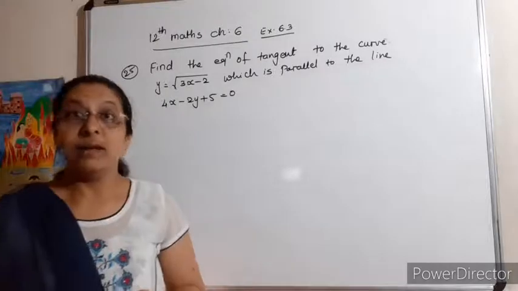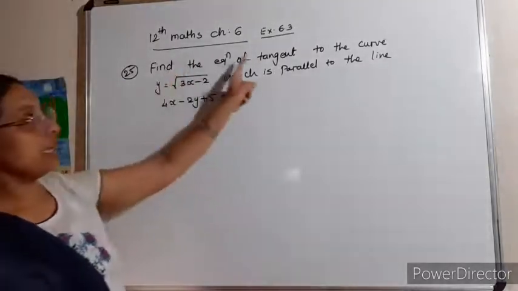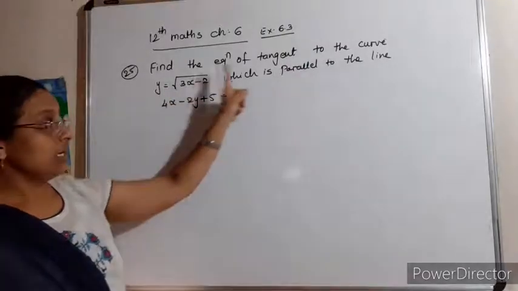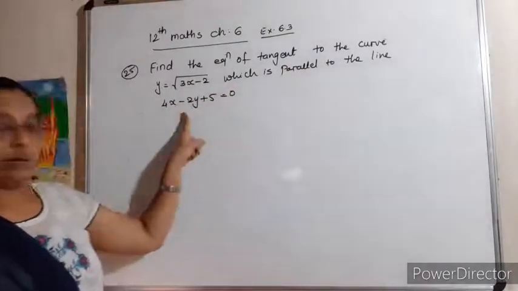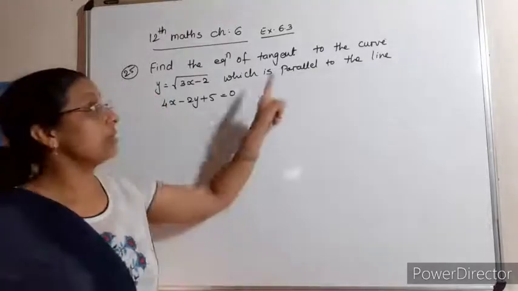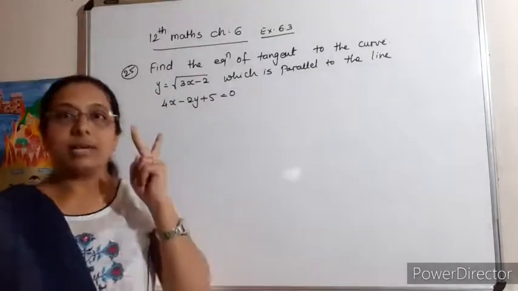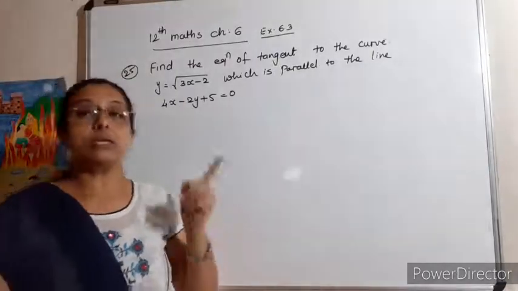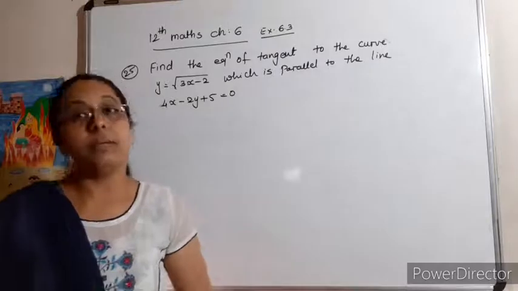Keep in mind. So, first of all, find the equation of tangent to the curve y is equal to this, which is parallel to this line. If the two lines are parallel, one is the tangent and the other is the given line, then the slope is equal. Keep that in mind, and that condition you will use to find the point.